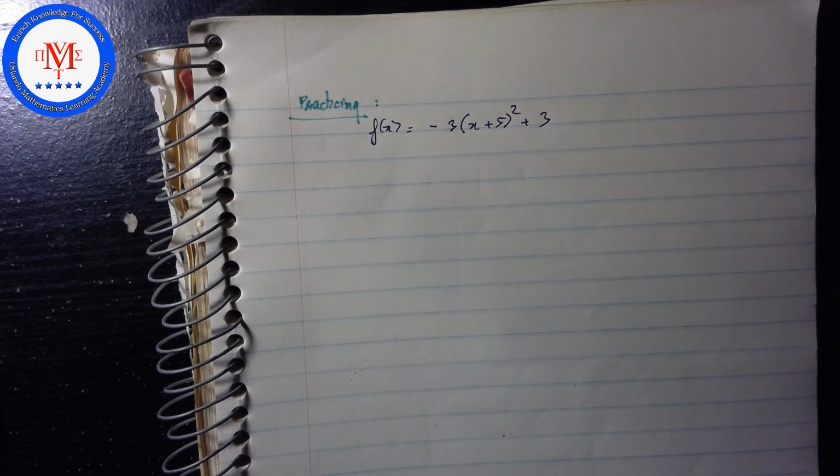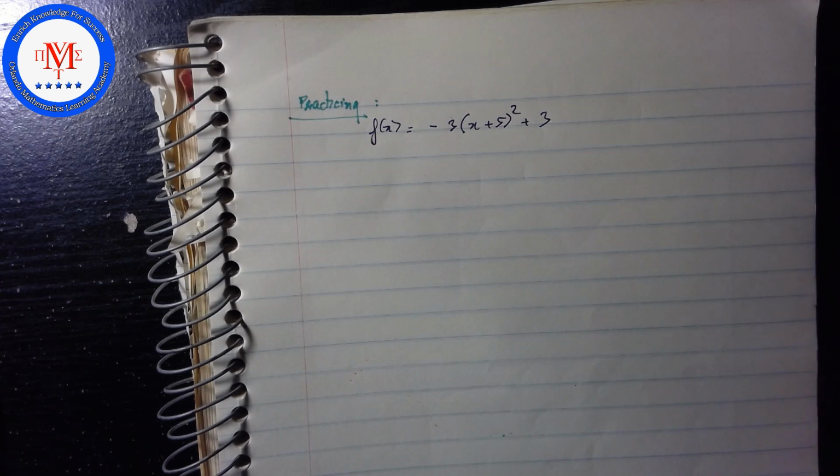First of all, we have to find the original function. By looking at that, I see the original function is the quadratic function, because I have the power of 2 right here.